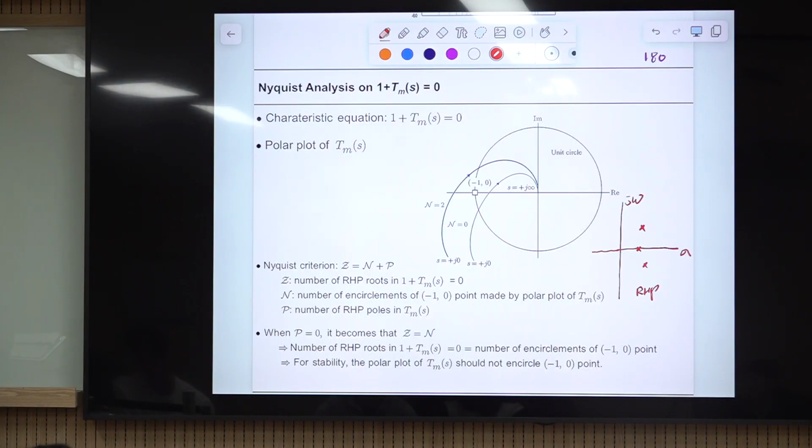Here in the feedback system, we assume this is the loop gain. And this term, 1 plus TMS equals 0, is called the characteristic equation.